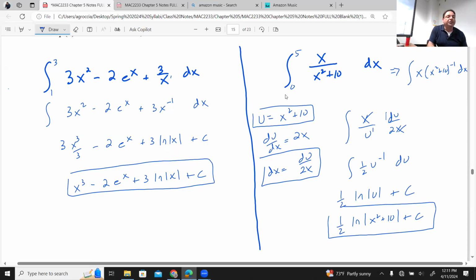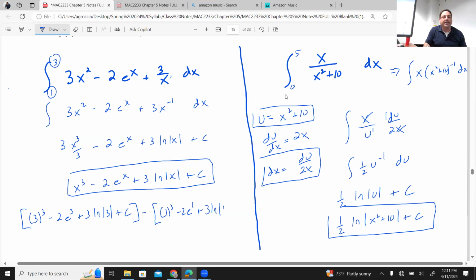What you do is you substitute in the top number, 3 to the third minus 2e to the third plus 3 ln of 3 plus c. So you plug in the upper bound, and then you subtract, plug in the lower bound. So 1 to the third minus 2e to the 1 plus 3 ln absolute value of 1 plus c.